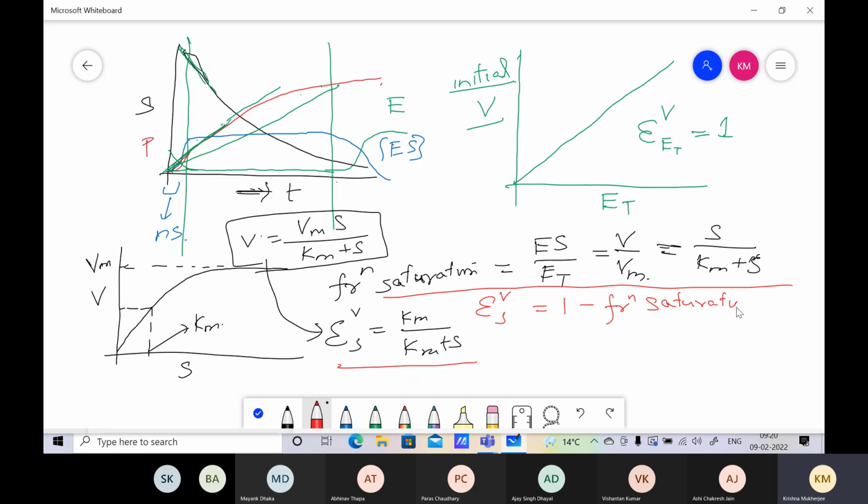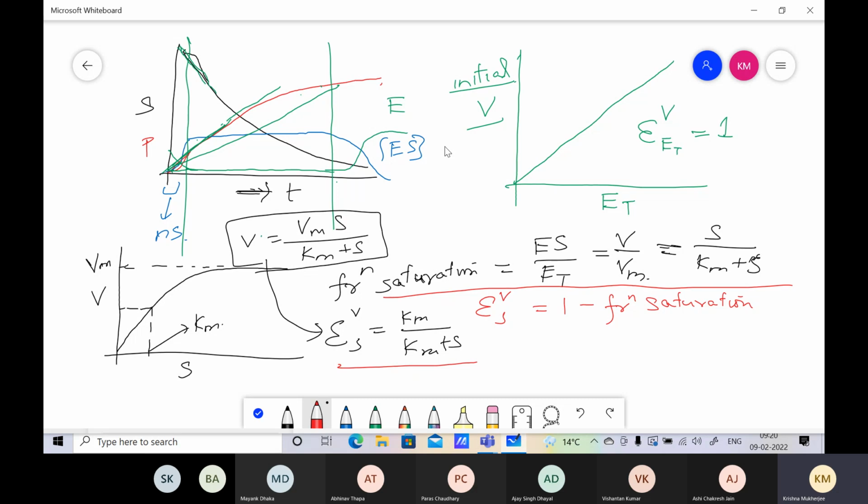So you see the beauty of these two concepts coming together. On the one hand, when fractional saturation is very small, clearly a lot of enzyme is unbound. There is very little ES and a lot of ET.